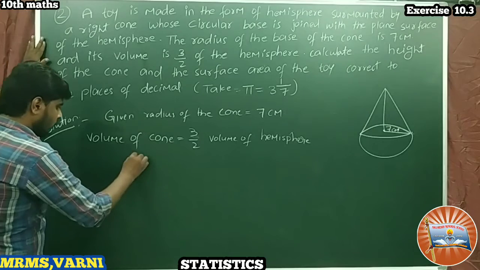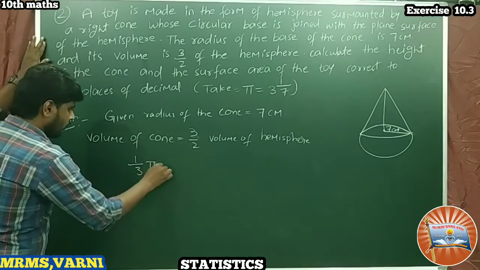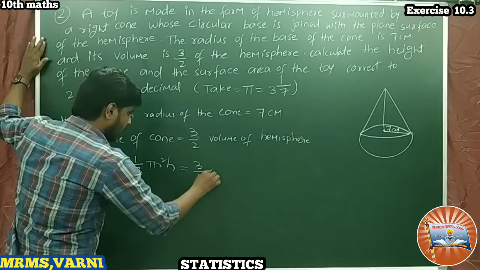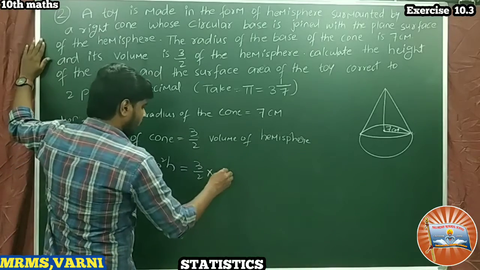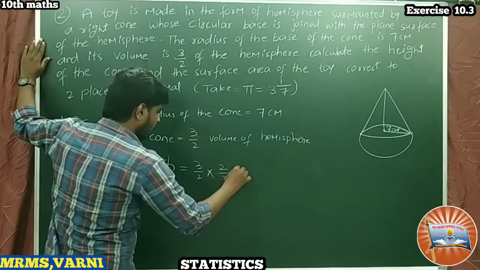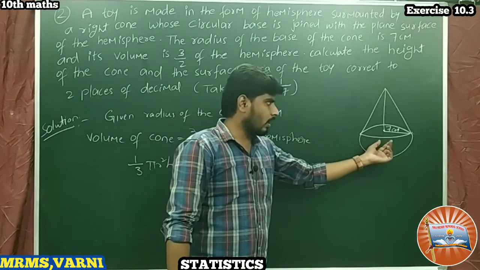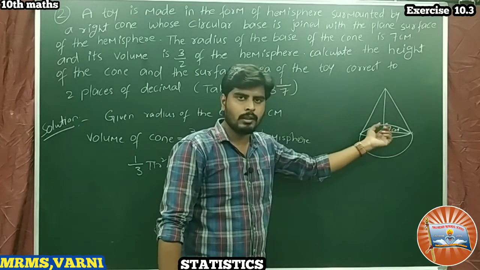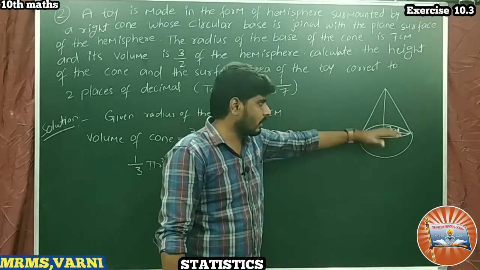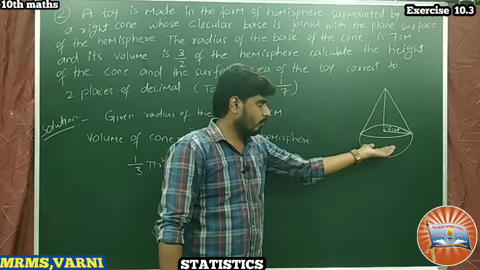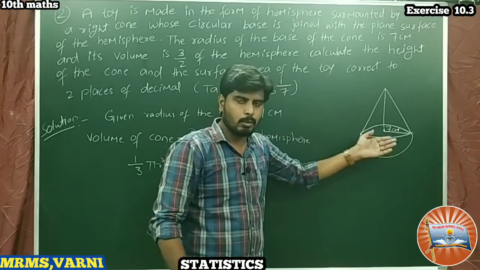So write down here: 1/3 pi r square h is equal to 3/2 into volume of the hemisphere, nothing but 2/3 pi r cube. Here the radius of the hemisphere and cone both are the same because the circular surface of the cone and the flat surface of the hemisphere coincide.